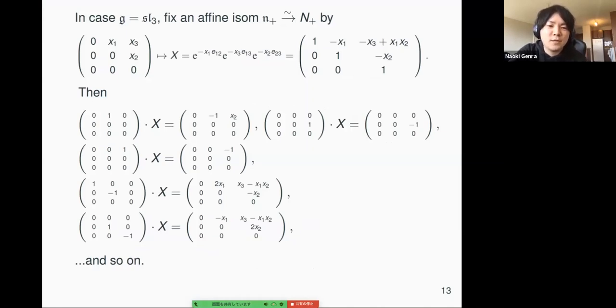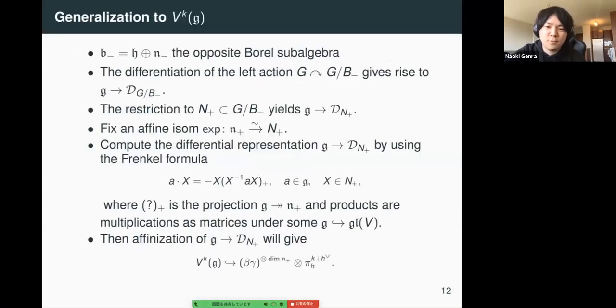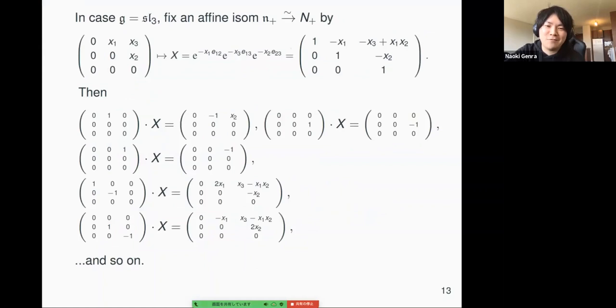Because now, first one is just E12 times x. You're computing using the Frenkel formula. The Frenkel formula is just this one, minus large X inverse a x, plus. I put this matrix and large X inside this, computing the multiplication and taking the projection and so on.